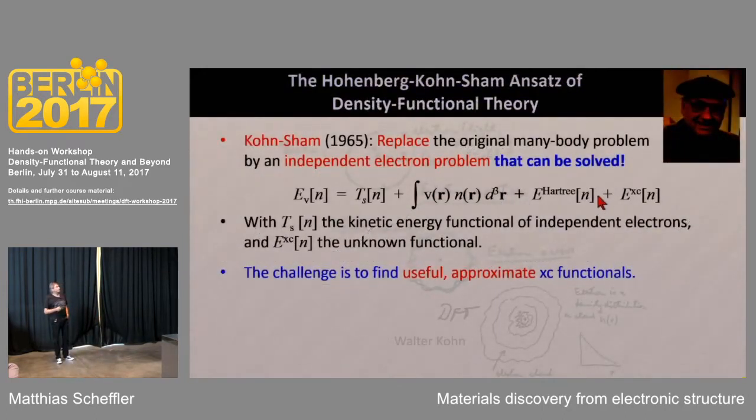And again, Walter Kohn, together with Lu Sham, went on and wrote down the energy functional in explicit form. Somewhat guided by Hartree, or Hartree-Fock, they said, let's assume that the density can be written in terms of a density of non-interacting electrons. That is an assumption, but it's actually very general.